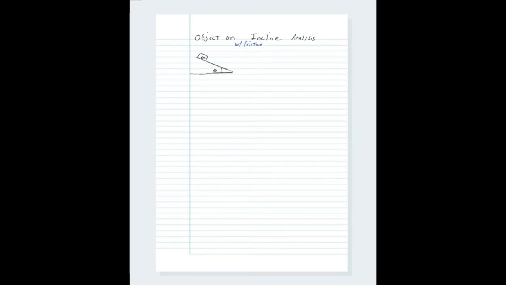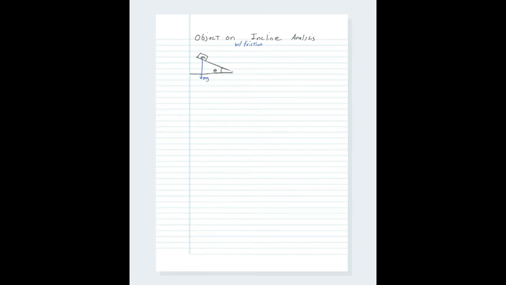So if we think about the forces that would be acting on this object as it is released, we would have the force of gravity. And I'm going to draw the vector for weight pretty long in this picture, and it'll be evident as to why in a few minutes.